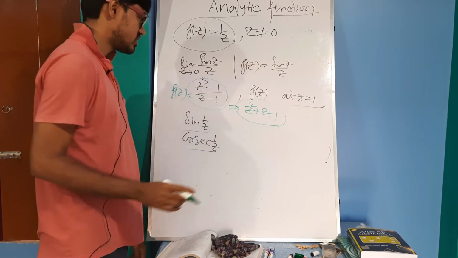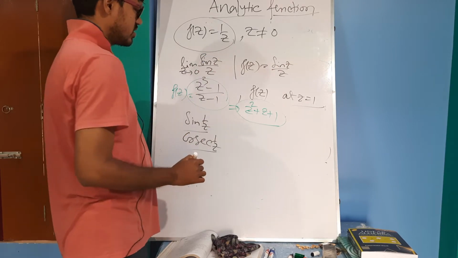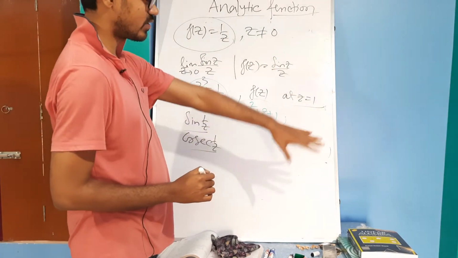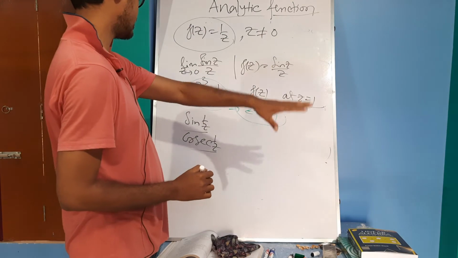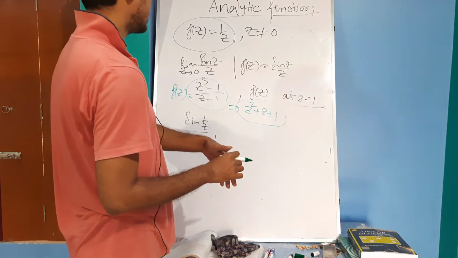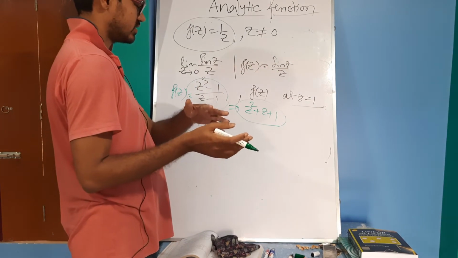Clear? Similarly, sin z by z, if you take the limit, the limiting value is 1, finite, and that is another theorem, whether the function has a removable singularity or not.